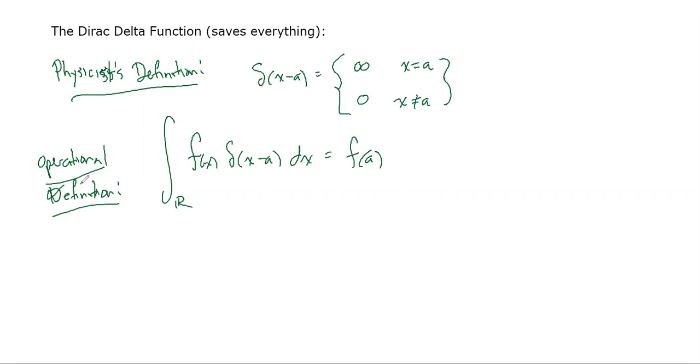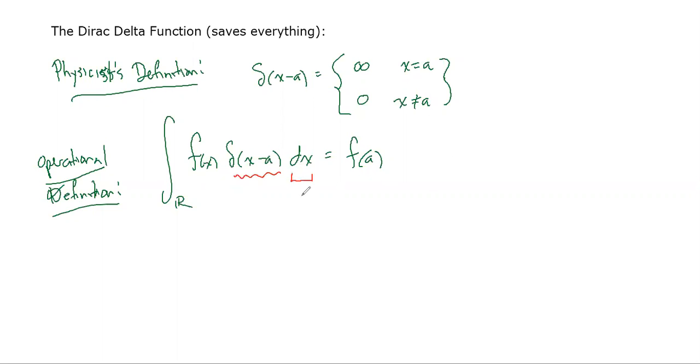So typically Dirac delta functions never hang out by themselves. You see them and they're really only properly defined within the context of an integral. So what this does is it's 0 everywhere. So this is why this is an excellent mnemonic. This is 0 everywhere, and then it's infinity when x equals a.